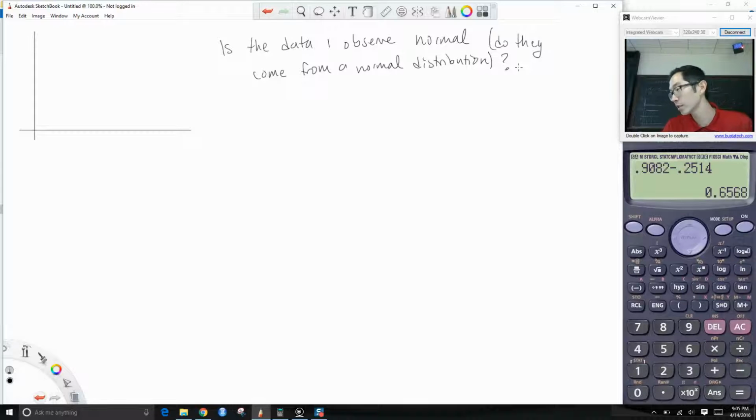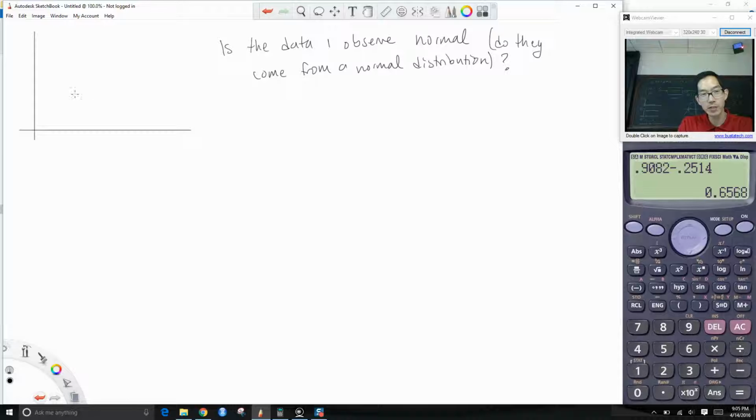This is a tough question to answer unless you have lots of data. If you just have like 100 data points, it's hard to tell. 100 data points sounds like a lot, but really it's hard to know.